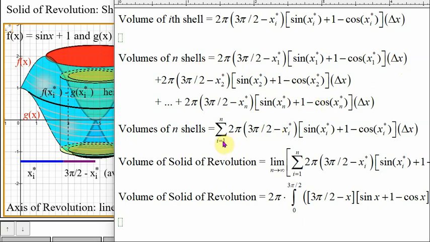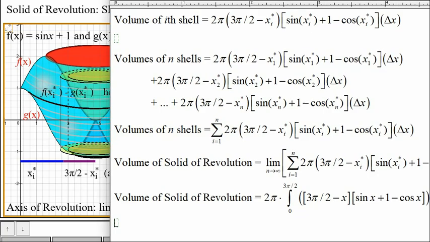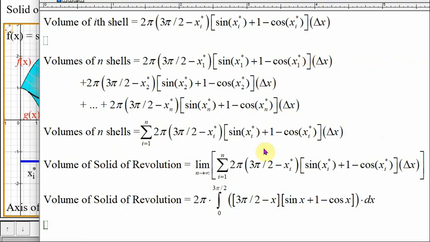Using summation notation, we have i running from 1 to n. And if we divide the solid of revolution into an infinite number of shells, here we allow n to run to infinity.